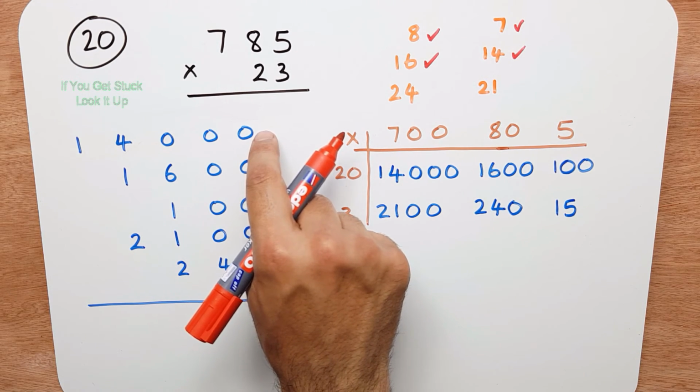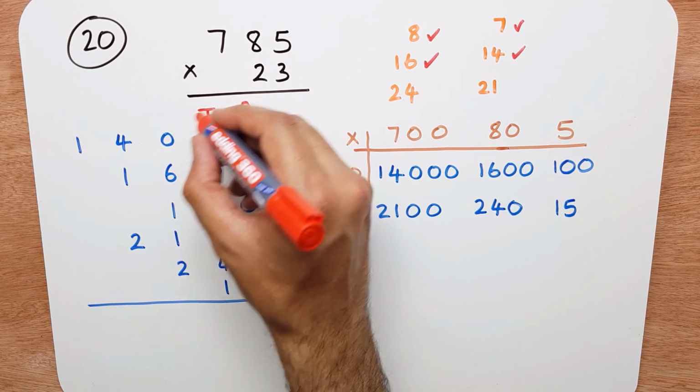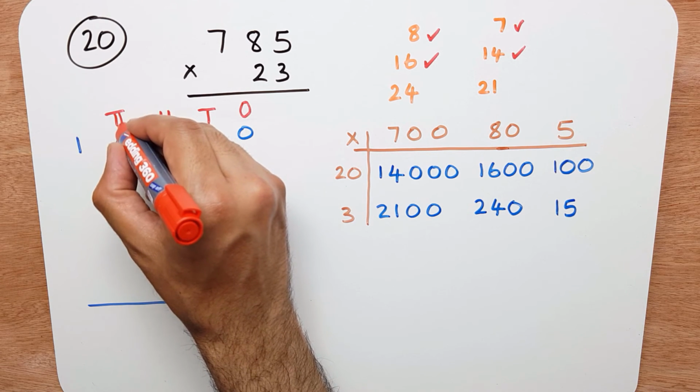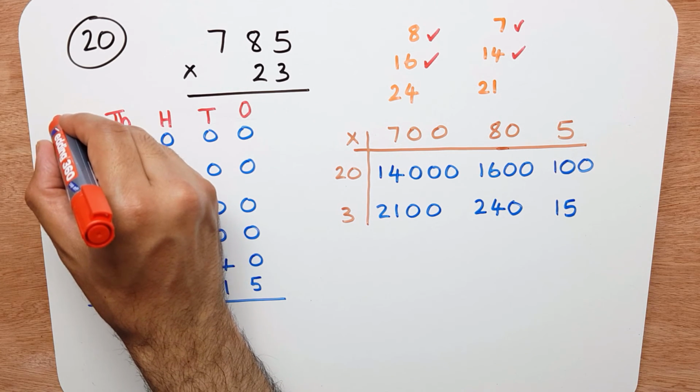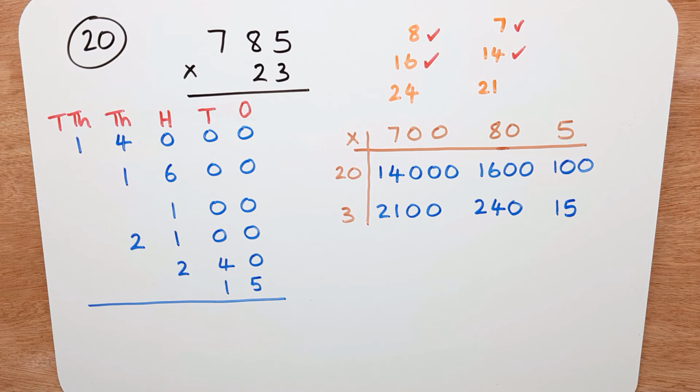So let me just go through this. That's your ones column. That's your tens column. That's your hundreds column. That's your thousands column. And this is your tens of thousands column. Now we simply need to add all these together.